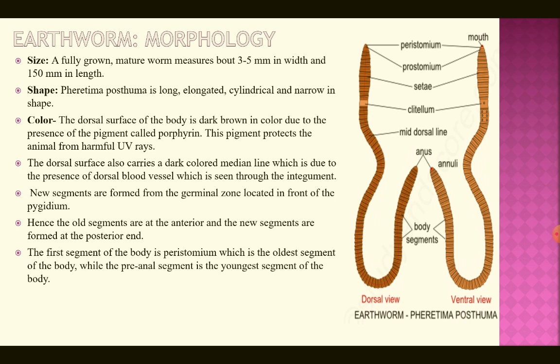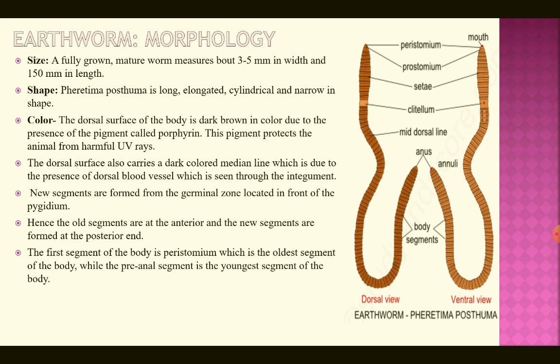Now when we say that the body is metamerically segmented and made up of many segments or somites, from where will the new segments add on? Is it from the anterior end or the posterior end? Here the new segment formation takes place from the posterior end, that is towards the segment which bears the anus, called the pygidium. So the new segments are formed in front of the anus.